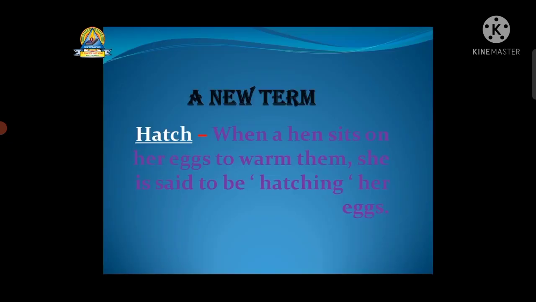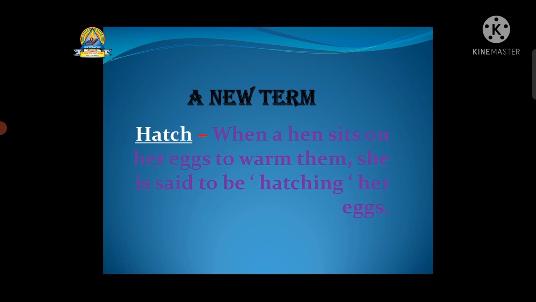In this textbook, a new term comes, that is hatch. Hatch means when a hen sits on her eggs to warm them, she is said to be hatching her eggs. That means when a hen lays eggs, warmth is necessary for the chicks to grow. It's the growth of the chicks, right?